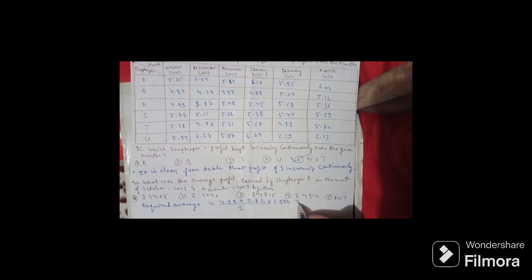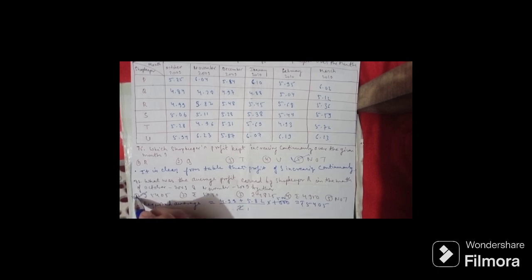You get 2 ones are 2, 2 5s are 10, 0 0. Here we get 5,405 rupees. So that is the answer. We have 5405 as your first one will be the right answer.